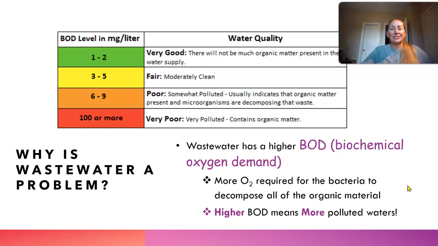The higher your biological oxygen demand, that tells us that the waters are more polluted, or the waters contain more organic material. Or you could say, these are all synonyms here, the waters contain high amounts of nitrates and phosphates. How do we know that? Because if bacteria are requiring a lot of oxygen, that means there's a lot of material for them to decompose.